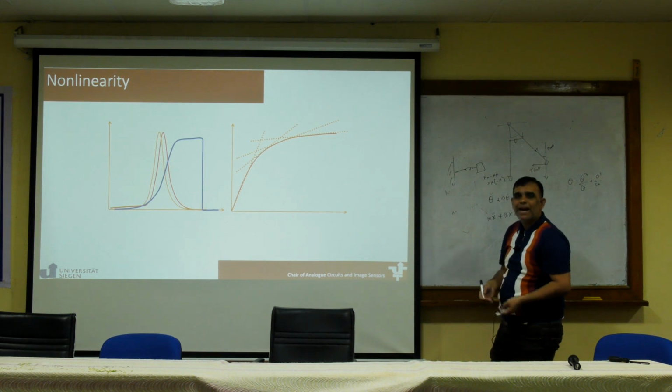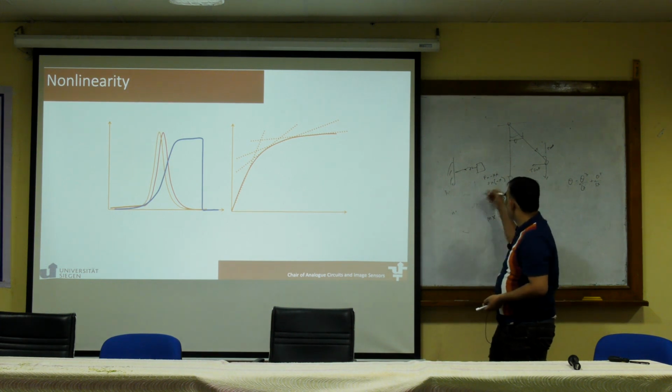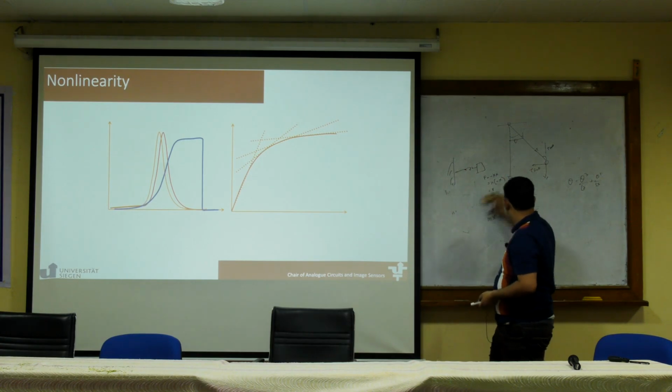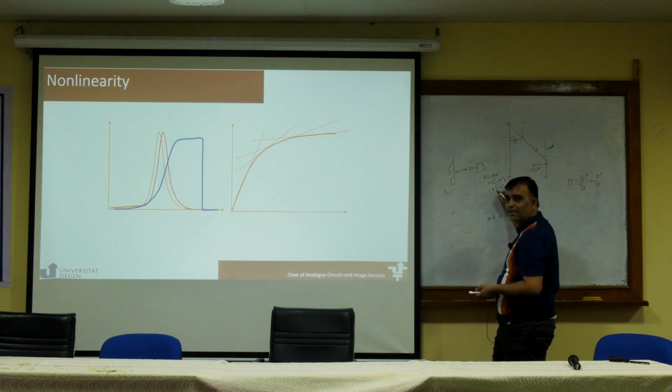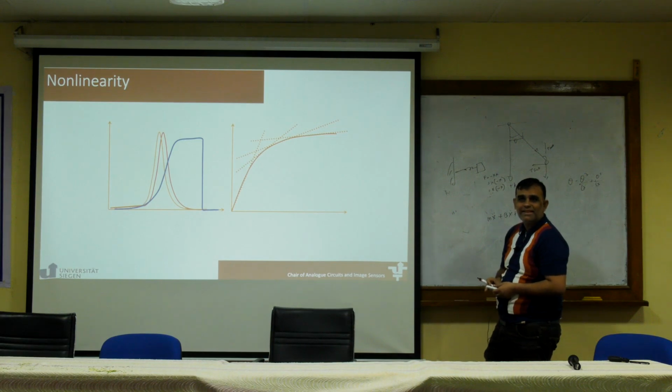So if we had a square law nonlinearity, or second order nonlinearity, then the force would have been k minus x, that's the linear force, plus some k2 minus x square. Minus x square becomes plus.